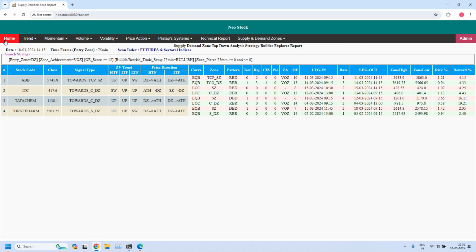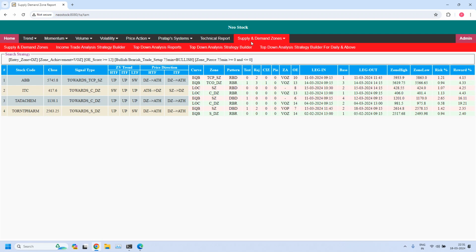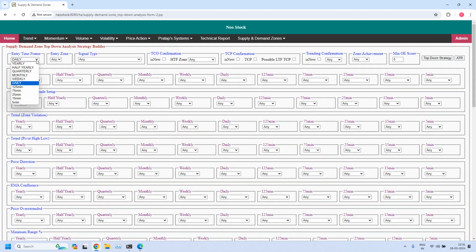So let me go back. Let us generate a bearish trade setup for weekly income trade. So for weekly income trade, entry time frame, that is LTF time frame, is 75 minutes. Entry zone should be supply zone. And in bullish or bearish trade setup parameter, at 75 minutes, I am selecting bearish.